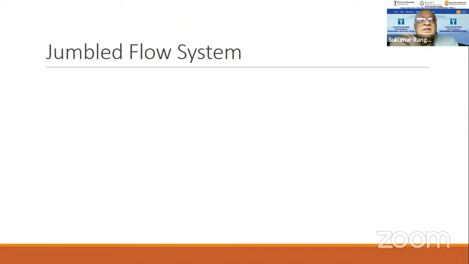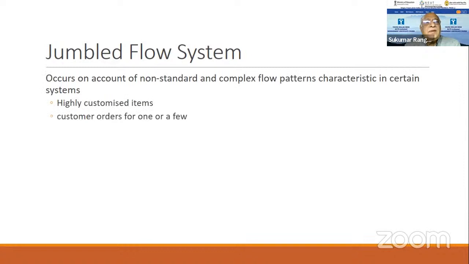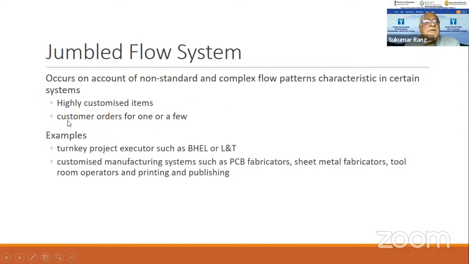Lastly, we have a jumbled flow system, or what we call again a job shop kind of system. It occurs on account of non-standard and complex flow patterns, characteristic of highly customized items. Customer orders are one or a few. See, it is like we are talking about rockets. If they are making rockets and they subcontract these orders, they are not going to give an order for 100 rockets or something like that.